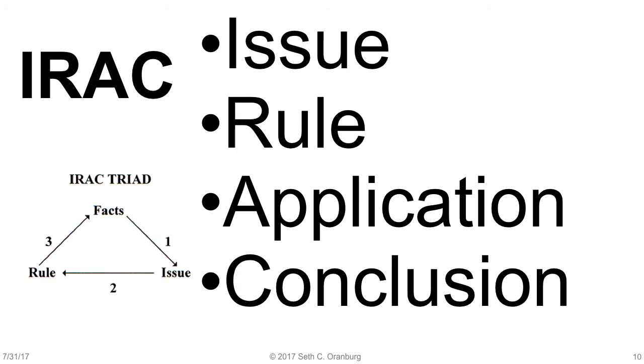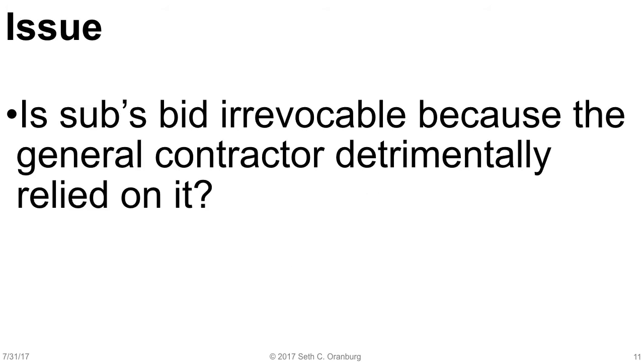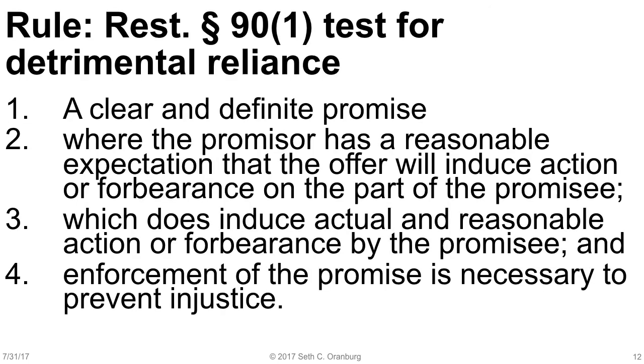So now that we've talked about this a bit, let's see how IRAC applies in this case. Let's write the issue first. What's the issue? Is the sub's bid irrevocable because the general contractor detrimentally relied on it? What rule do we have?